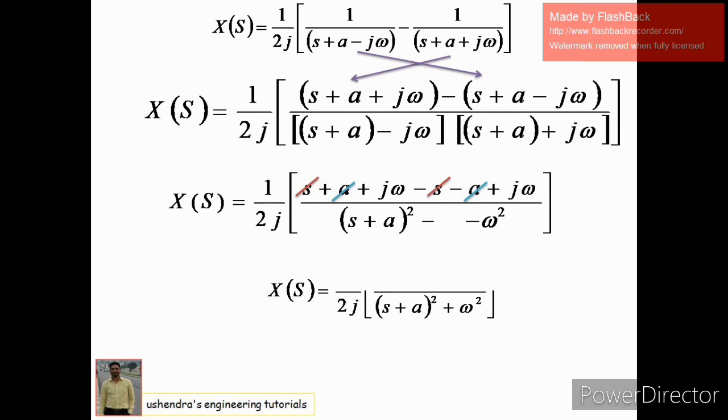In the numerator, cancelling all the terms, we are left with plus j omega, which results in 2j omega. The 2j in the numerator and the 2j in the denominator are common, so they get cancelled. This is my final answer for the Laplace transform of the given x of t.